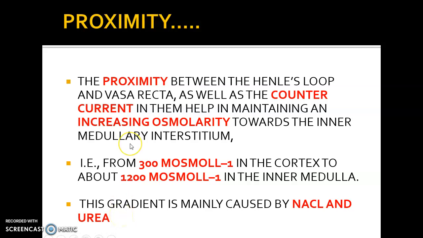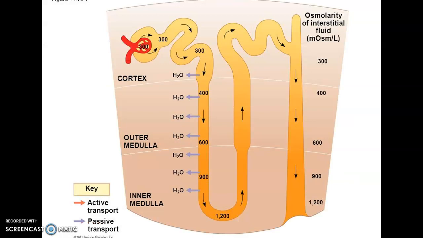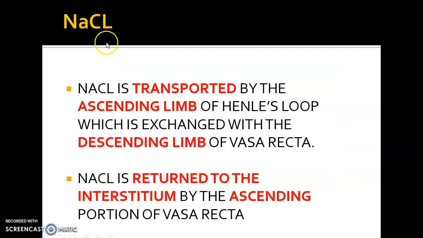So to increase the osmolarity in the inner medullary interstitium, we need the assistance of two salts. One is sodium chloride, another is urea. It is the contribution of these two salts in the medullary interstitium which will increase the osmolarity. Let's have a look at how sodium chloride contributes.